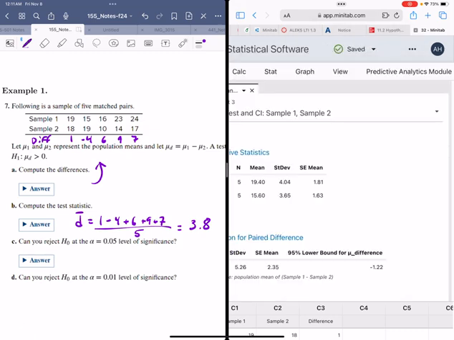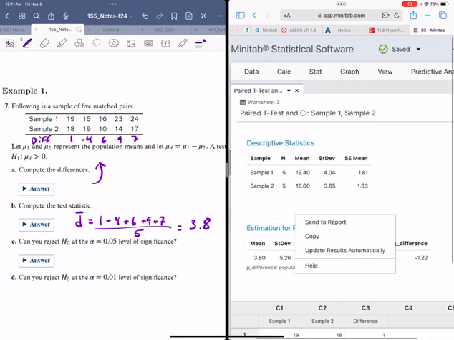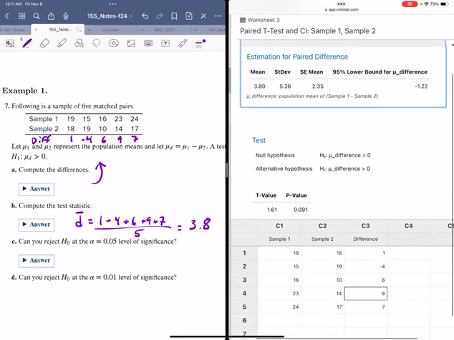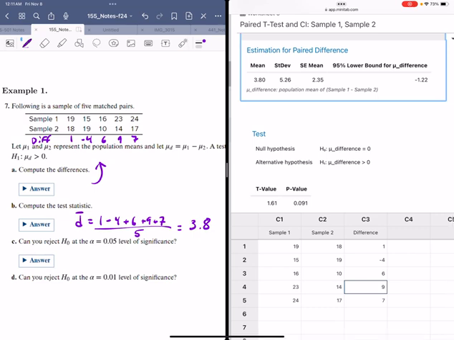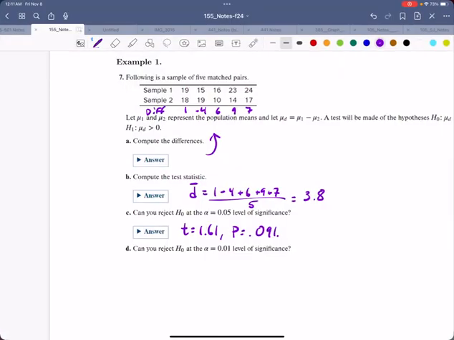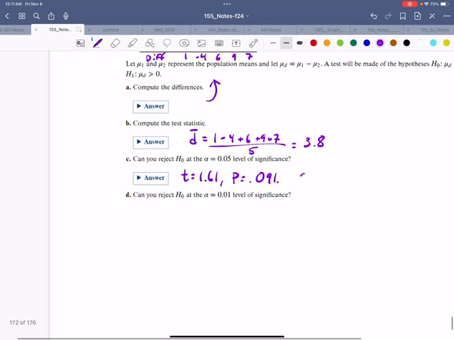So let's just do that. So anyway, we do this. Okay, we get our stuff. And anyway, we get our t value of 1.61, which is nice. P equals 0.091. And so the answer is no. Right, we can't reject the null hypothesis at either level of significance.